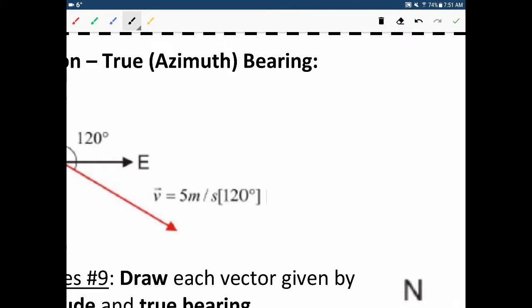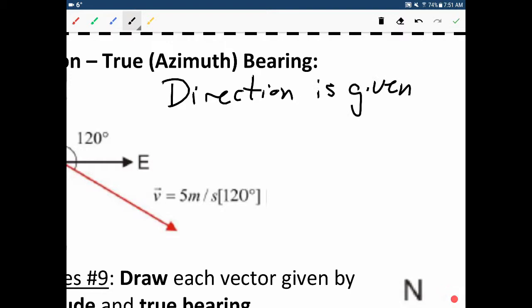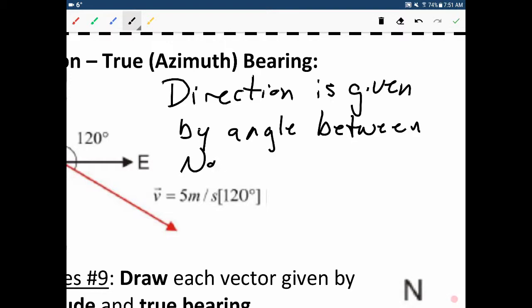So anyway, the direction is given by the angle between north and the vector.